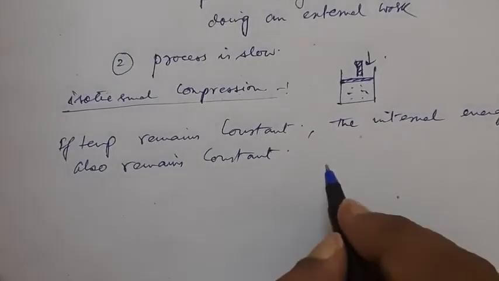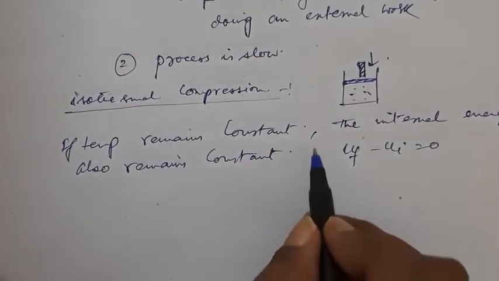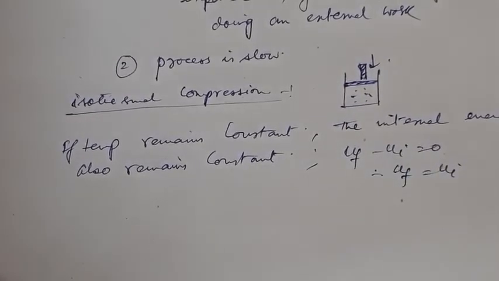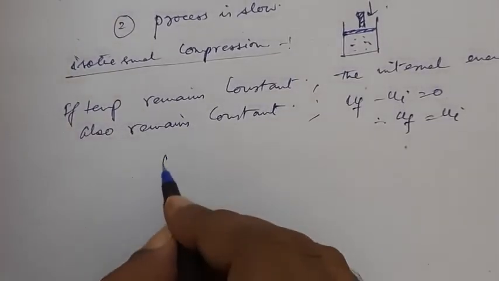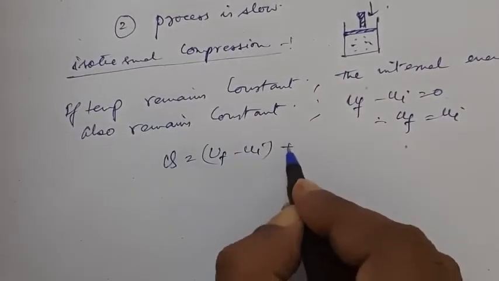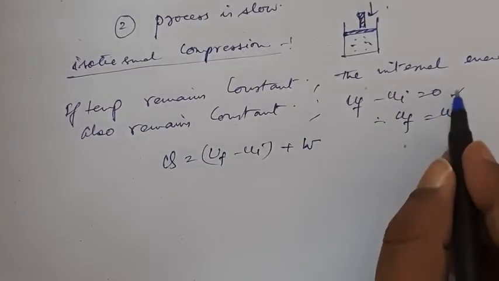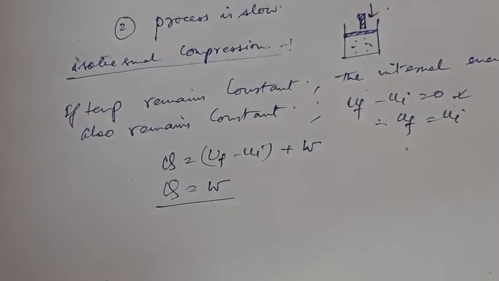Now we had seen that UF minus UI, there will be no change. Constant means there will be no change. Therefore, UF is equal to UI. The final and initial internal energies are the same. Then from the first law, we can say that Q is equal to UF minus UI plus W. Now this part is going to be 0, so Q is equal to W.